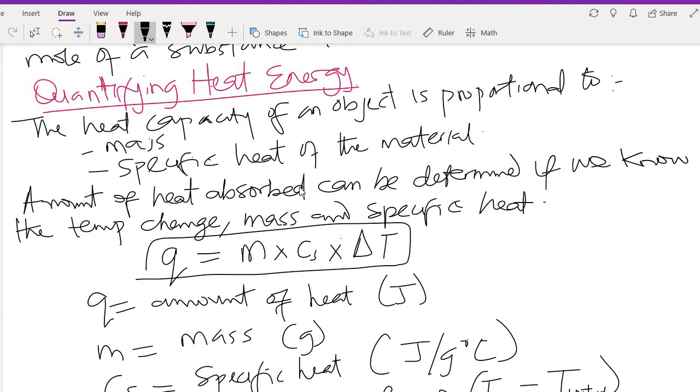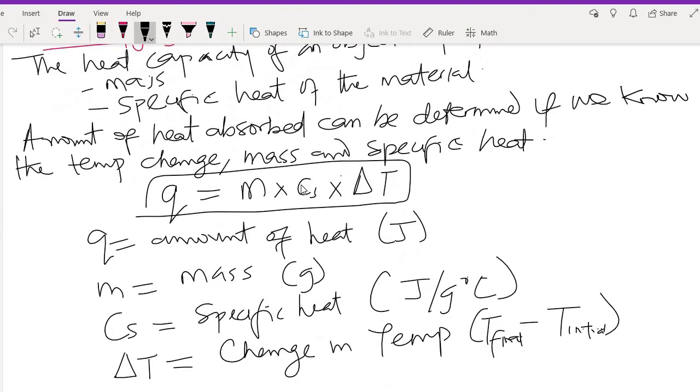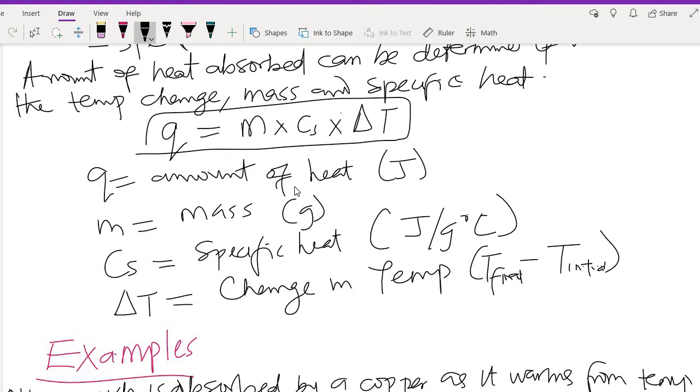In this case, our Q is the amount of heat and the unit is joules because it is an energy. M stands for the mass, which is in grams, and the specific heat is Cs, which is in joule per gram degree C. Remember, because of the unit of our specific heat, whenever your mass is given in kilograms, please convert to grams.